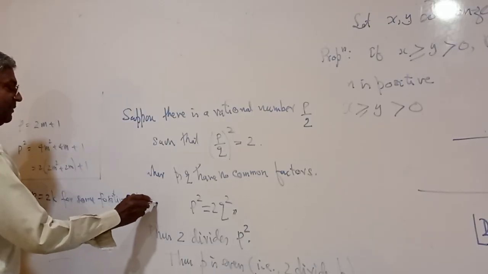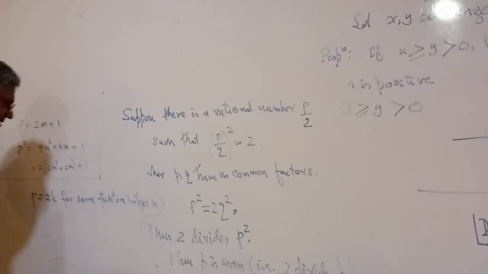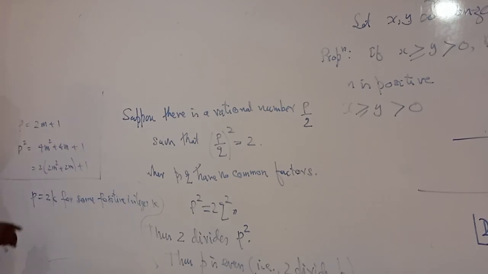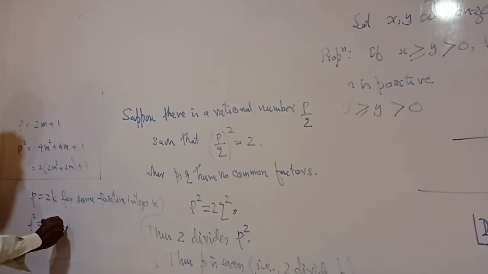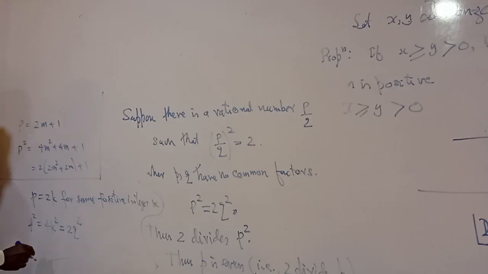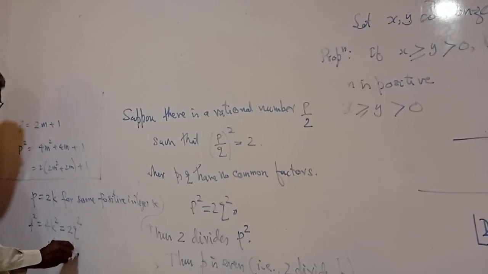Therefore, P squared is 4k squared, which is equal to 2Q squared. So Q squared is equal to 2k squared.